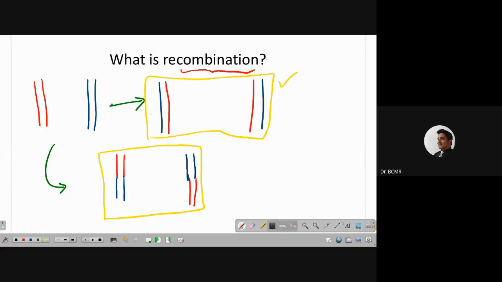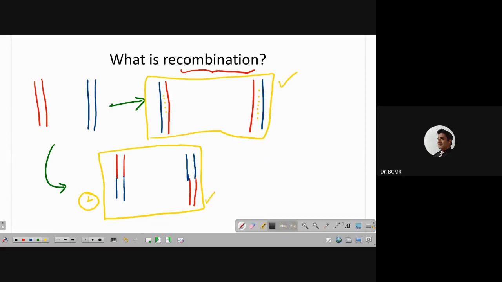There is breakage of hydrogen bonds and formation of new hydrogen bonds between these two strands, right? And in the second category, you see that there is a breakage of phosphodiester bonds and formation of new ones. Okay, that is one difference you can think of.